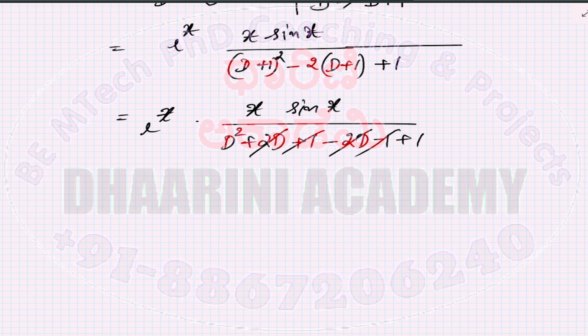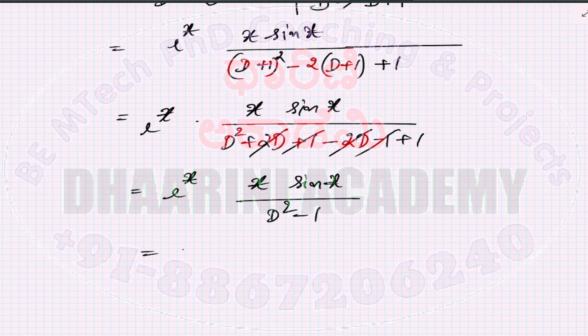All right, now this is equal to e to the x into x sine x divided by d square minus 1. So now this is in the type 5.